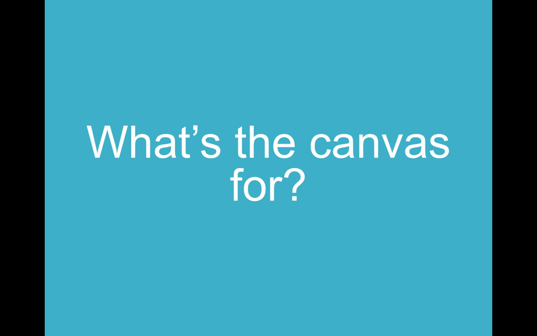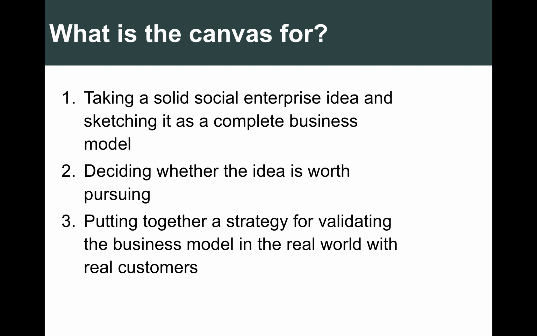But firstly, a little background on what the canvas is for, what we're trying to achieve by filling in the canvas or supporting a social enterprise to fill in the canvas. So three things to note here. Firstly, taking a solid social enterprise idea and sketching it as a complete business model. That's going from an idea, which is, I reckon we should do this, to a business model, which is, I think all of these things will come together to make this thing successful.